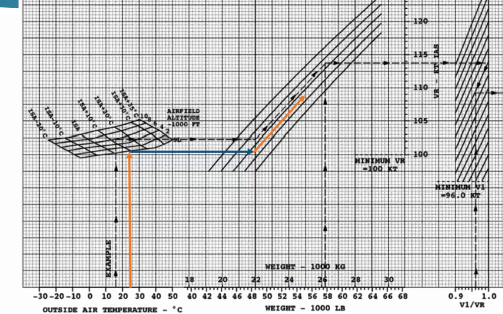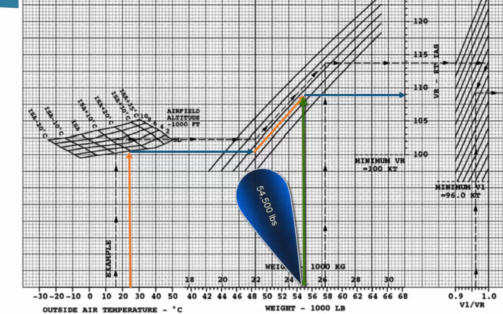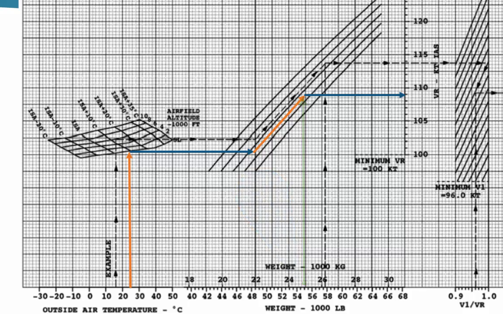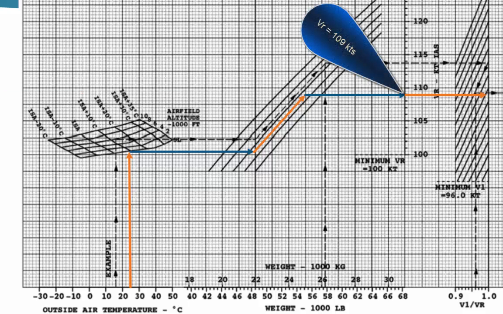And we follow these guidelines up until we reach the weight of the airplane, which was given to us, 54,500 pounds. And then at 54,500 pounds, we would turn off of those guidelines and keep on proceeding over to the right until we get a VR speed, which is part of what we wanted to know for the question.